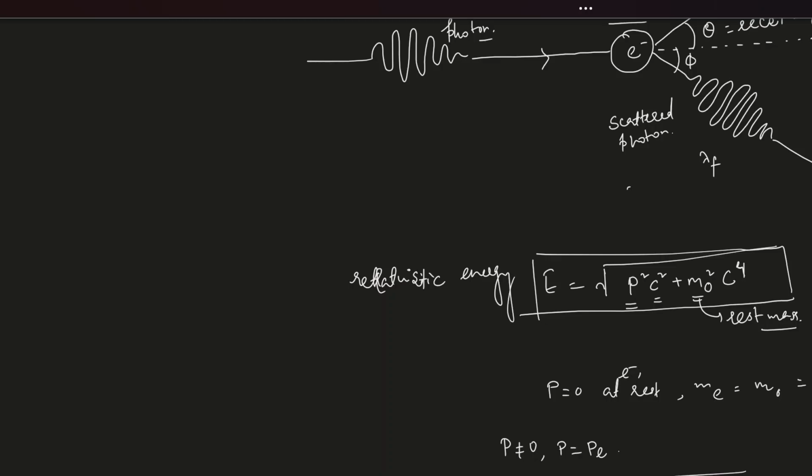So this is root over E squared minus rest mass squared c to the power 4, by c. This is the recoil momentum that the electron has obtained after the collision with the photon.